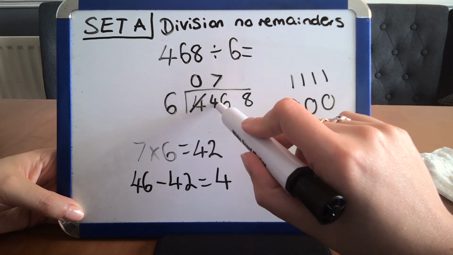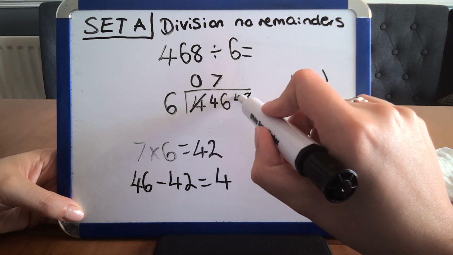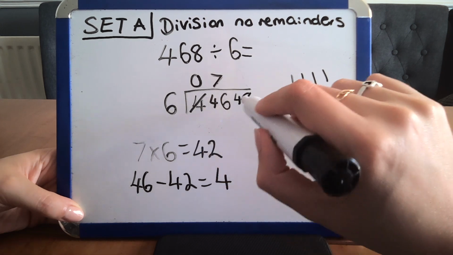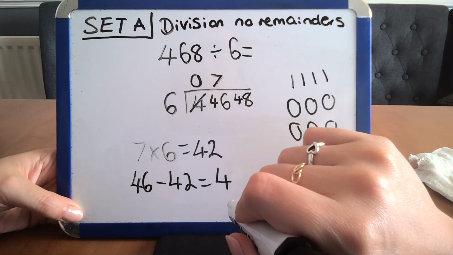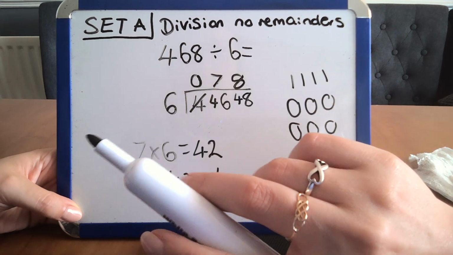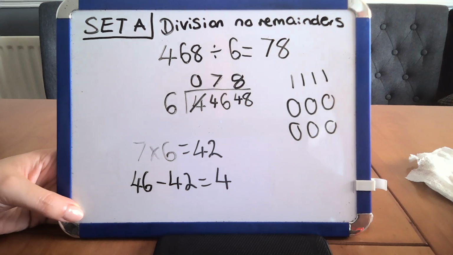The 4 that we have left over from doing 6 times 7 is 42. It's going to go here to make this number 48. How many 6s go into 48? I know that 6 times 8 is 48, so there are 8 groups of 6 I can make. So our answer is 78.